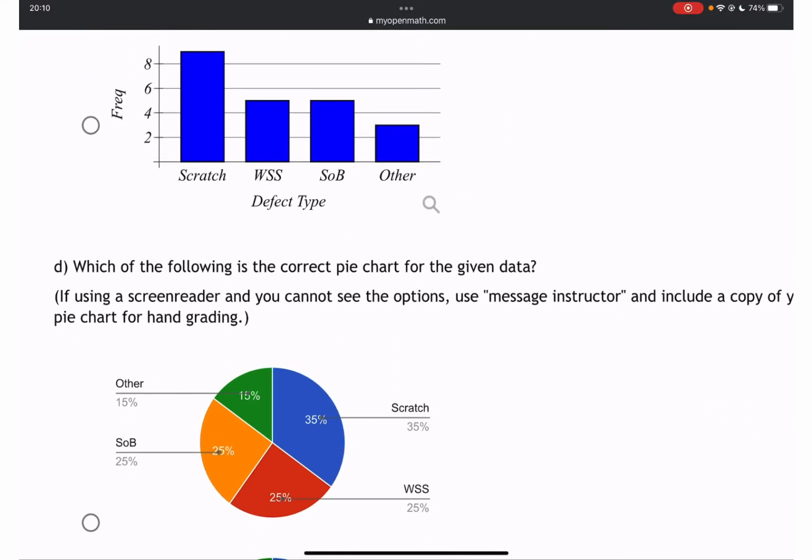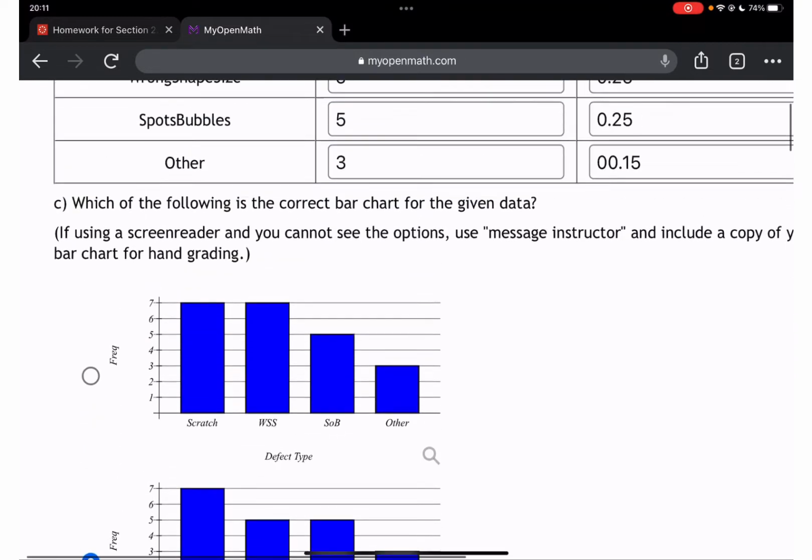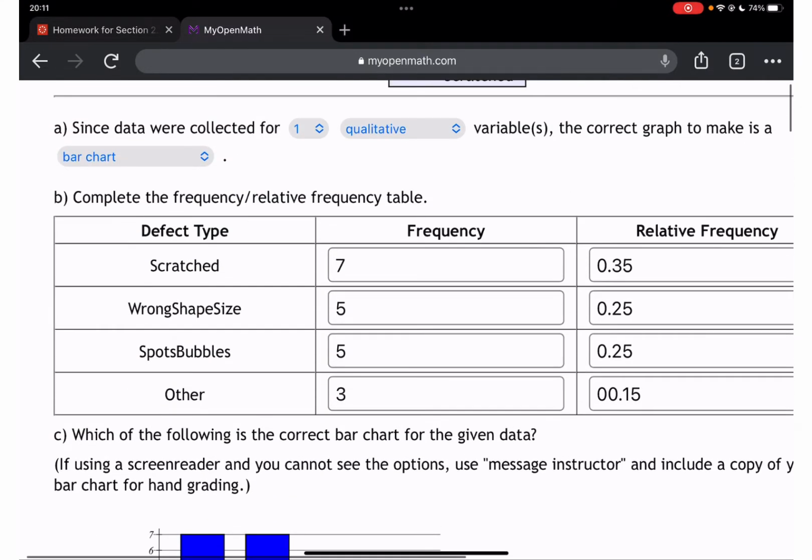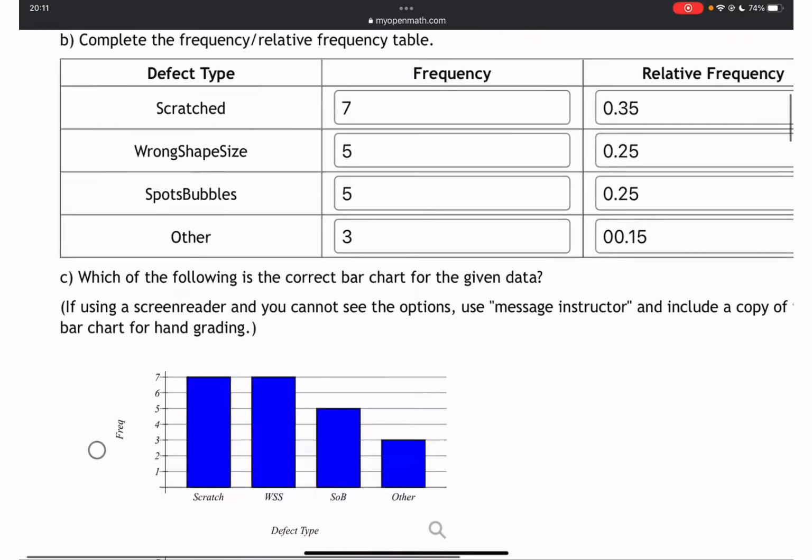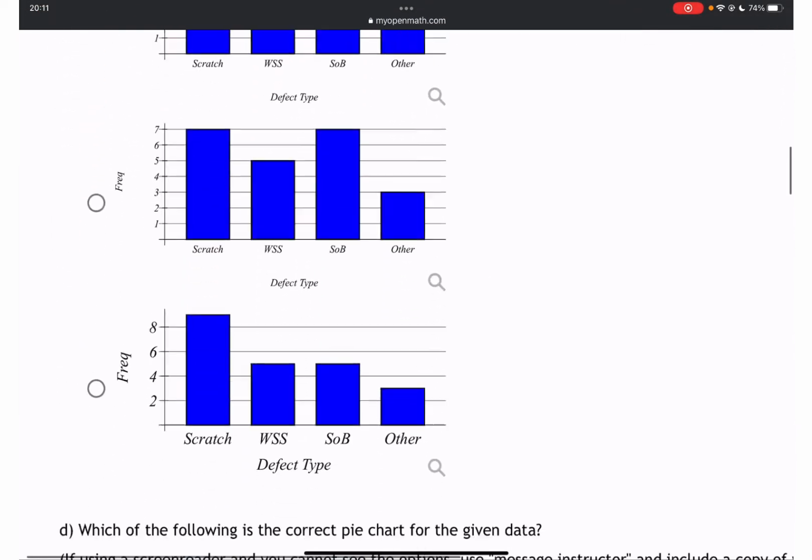Now, which of the following is the correct pie chart? A pie chart we always use when we need to show the percentage portion-wise, which is going to be our distribution. Scratched is going to be 35%, wrong shape and spot bubble 25%, and others 15%.